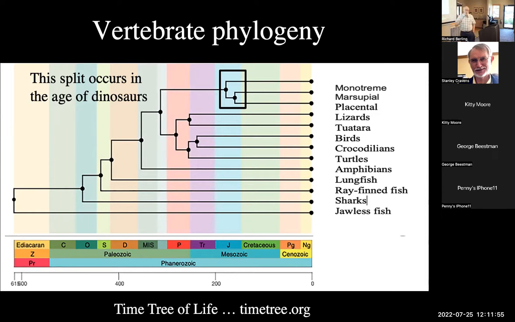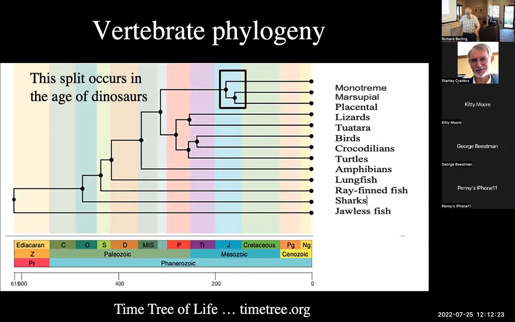So on the right are the common names of all the various extant, or still living, vertebrates. And on the bottom, you can see the timeline. These are in millions of years, so 400 million years, 200 million years ago, and the Cretaceous, the Jurassic, and the Triassic were the ages of the dinosaurs.